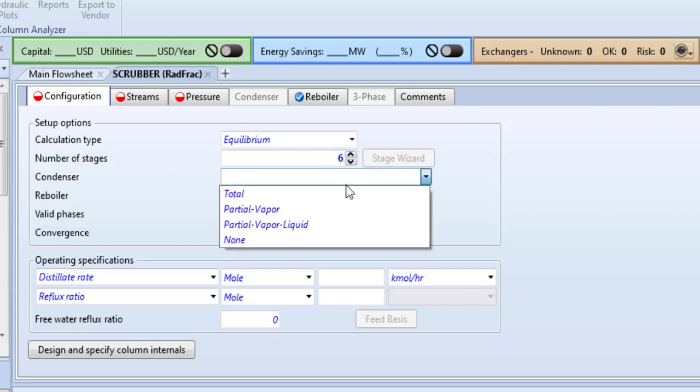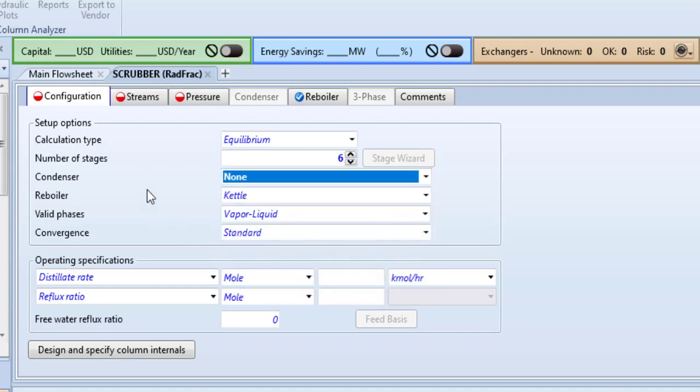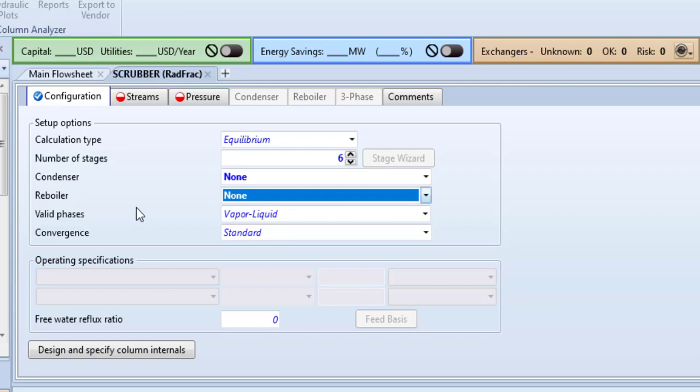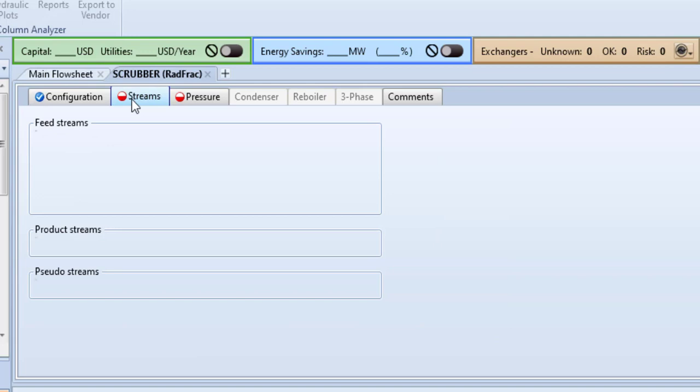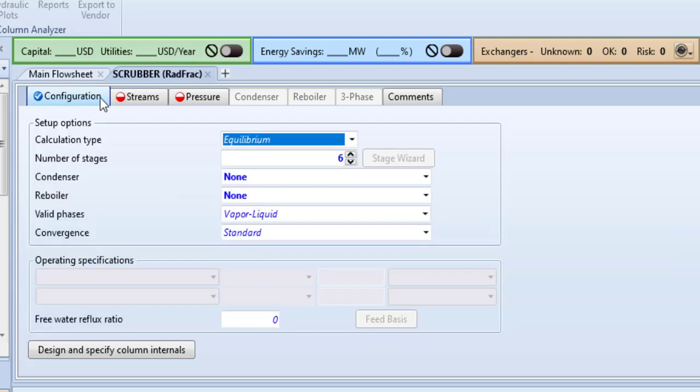The condenser. We don't have any condenser in our absorber. And the reboiler is none. Now we have to provide the streams data. The fresh solvent is entering the absorber at stage 1, that is the top stage, and the feed gas we will be introducing on the 6th stage, since we have 6 stages.